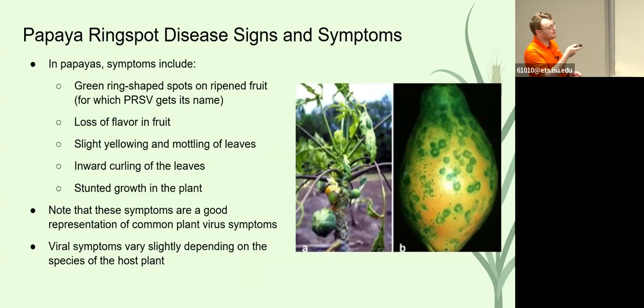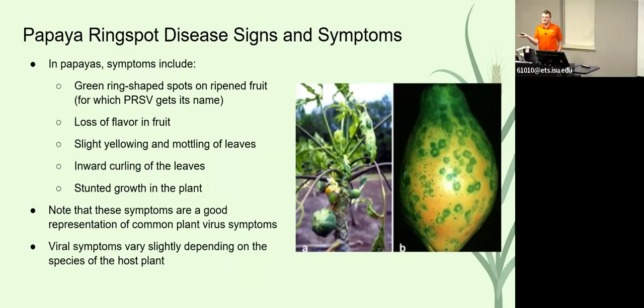So the major problem is the damage it does to the plant itself, but it also harms the fruit. And of course, it puts these little rings all over it, which is where it gets its name, ring spot virus. And it makes the plants grow shorter. So it damages the plant over time, which can make it tricky to find out which of your plants are infected, because it's not like the plant just keels over overnight.